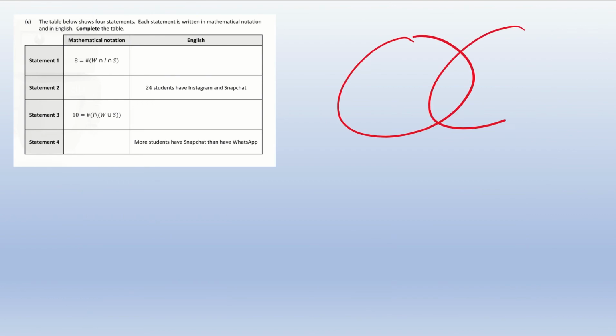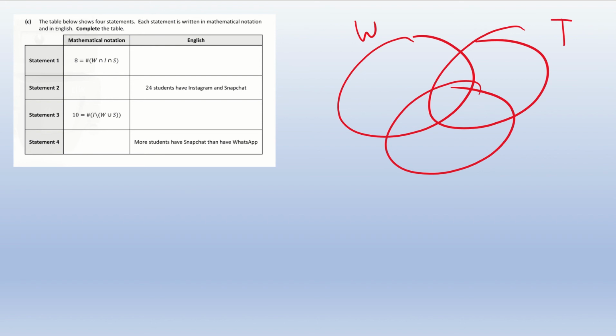So just in some rough work here, WhatsApp, Instagram, Snapchat, I think it looked like that. WhatsApp intersection Instagram intersection Snapchat is going to be that part there. It's where they all intersect. And what this is telling me is that there's 8 people in there. So 8 is the number of people in here.